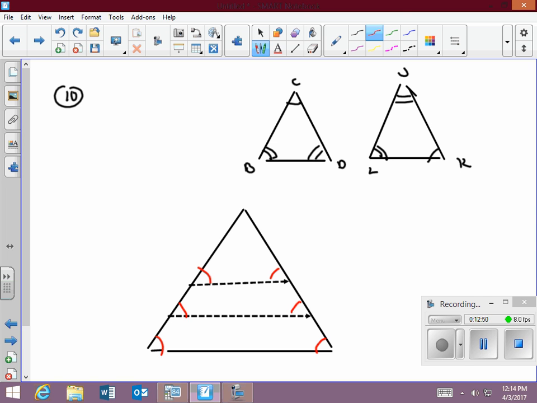So just having all the angles, and this one's congruent to itself, you can't say that three angles being congruent says anything about congruency of the triangles.